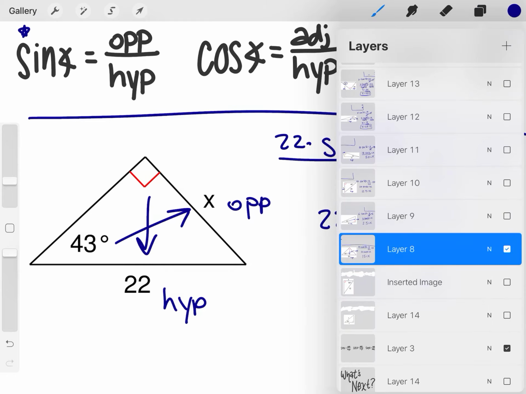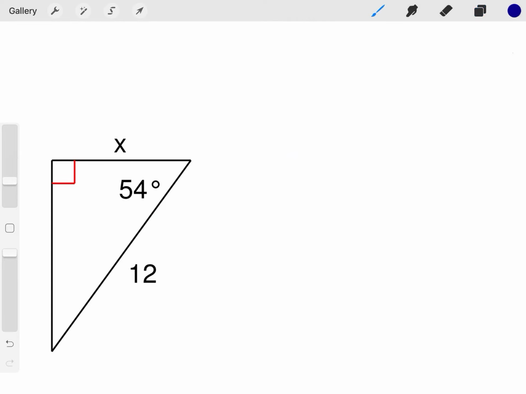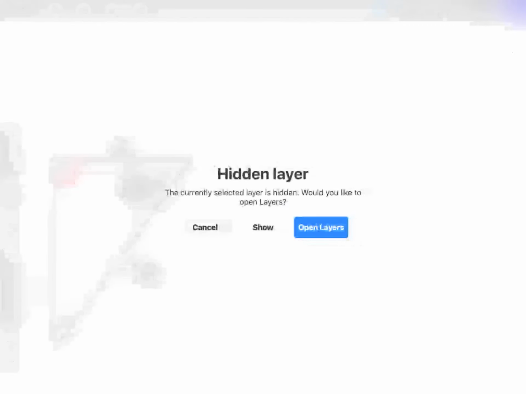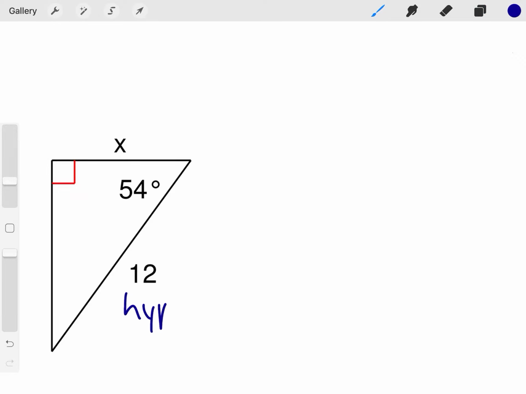Okay, guys, now it's time to see how much this really made sense. I'm going to take away the cheat sheet, give you a problem, find x rounded to the nearest tenth. All right, 12 is our hypotenuse. X is our adjacent side. The function that uses the adjacent side and the hypotenuse is cosine.